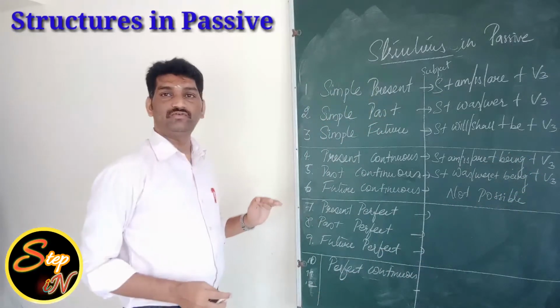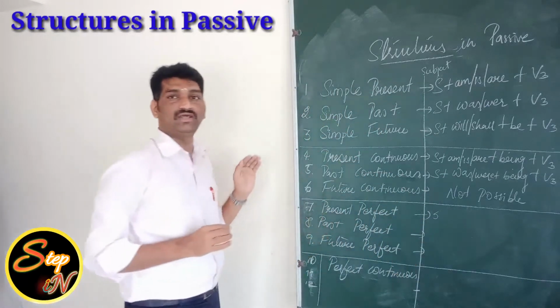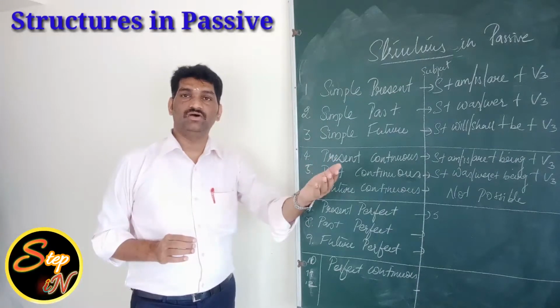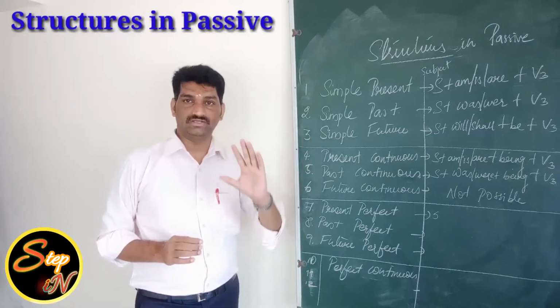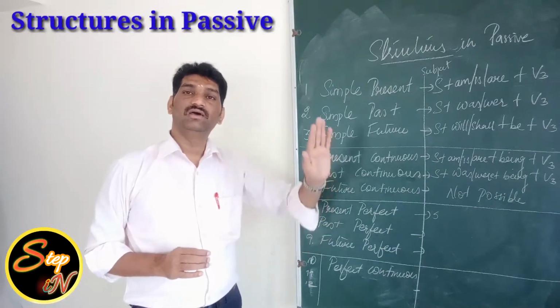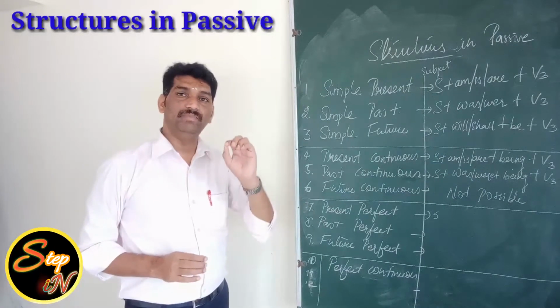And present perfect tense. We already know the structure for present perfect tense: subject plus have or has, depending on the singular form or the third person, plus verb 3. That is the base structure for present perfect tense. In passive voice, we are just adding being.